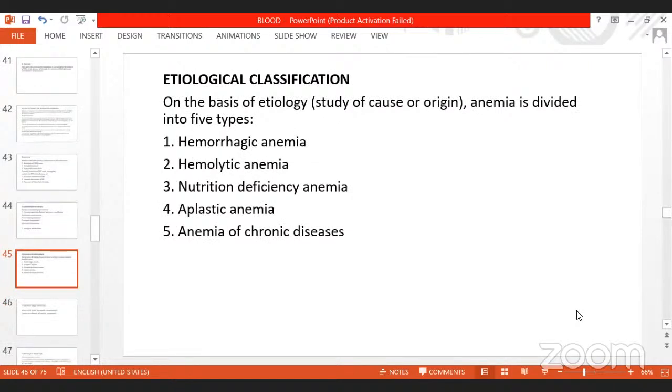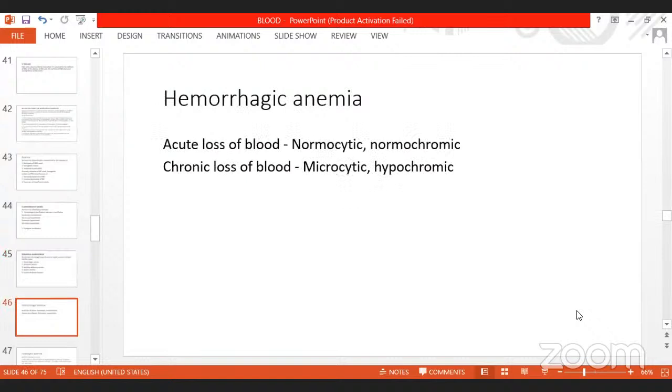The etiology, or the cause or origin, is divided into 5: hemorrhagic, hemolytic, nutrition deficiency, aplastic, or anemia of chronic diseases. So hemorrhagic anemia, during acute blood loss, we will get normocytic normochromic. Cell size and color will be normal, but during chronic loss of blood, the cell size will decrease and also color will decrease.